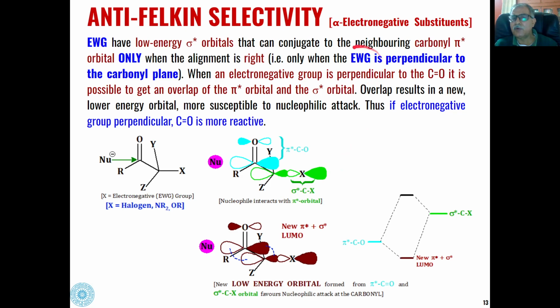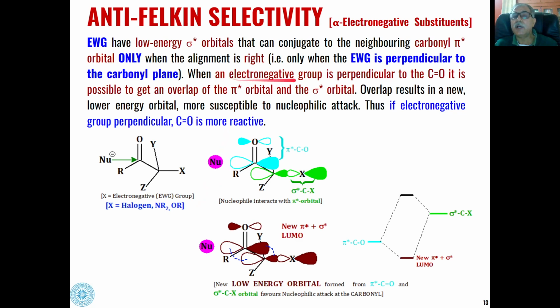So when the electron withdrawing group is perpendicular to the carbonyl plane, then the carbonyl system is more reactive towards diastereoselective reactions, and because of that the X group is taken as the anti-group to the attack of the nucleophile.